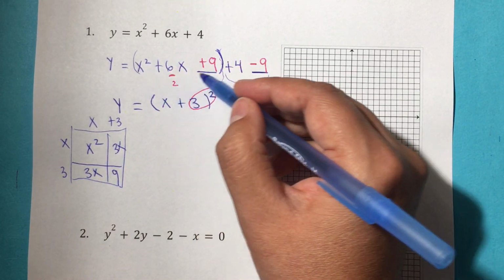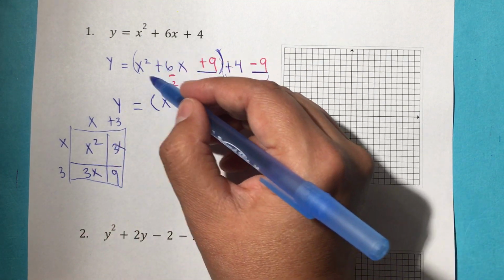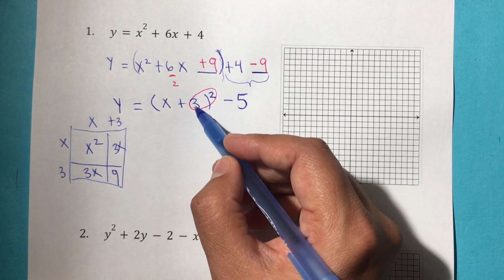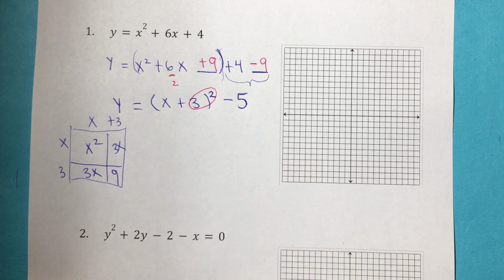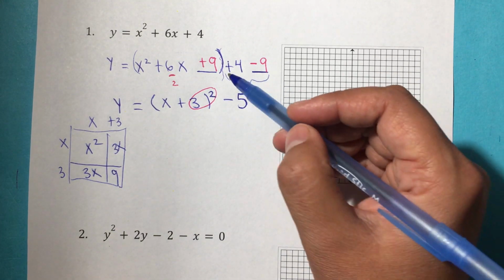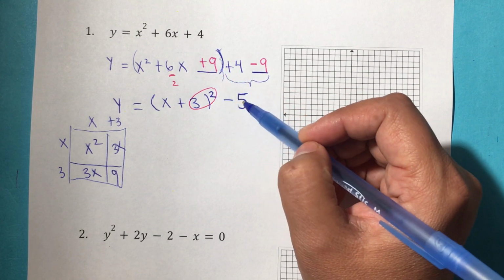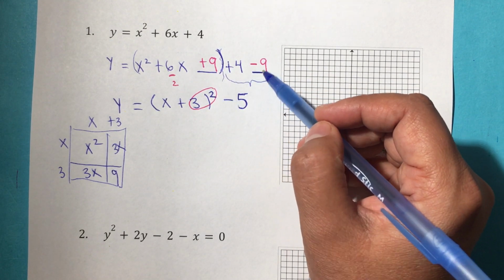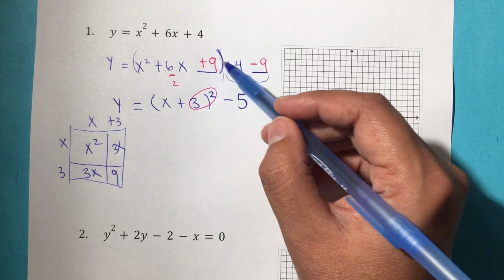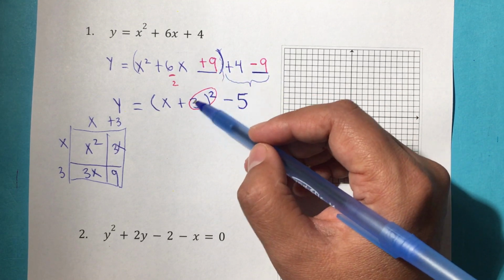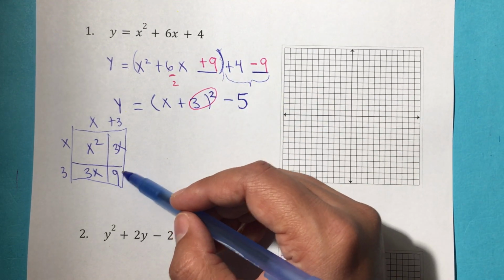So that's this right here. This area is this. And this is just x plus 3 to the second power because it's x plus 3 times x plus 3. And at first, some people might say, oh, but where is that? I only have 4 and negative 9 is negative 5, but they think that they have to add this to this. No, this is included in here already, okay? It's right there.